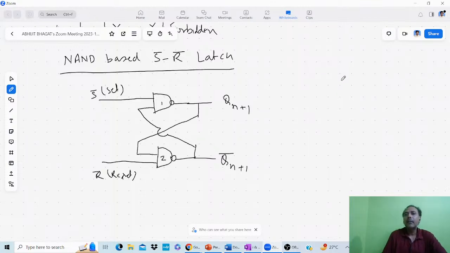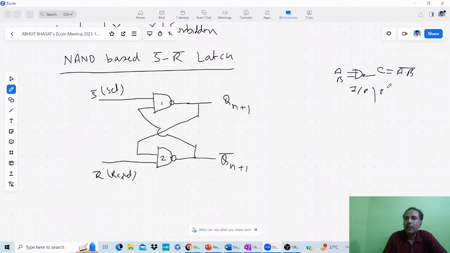Now in case of the NAND gate, all of you know the symbol. Two inputs are there, A, B, and output C equal to A into B, whole bar. This is the expression for the NAND gate. We know the truth table for the NAND gate.